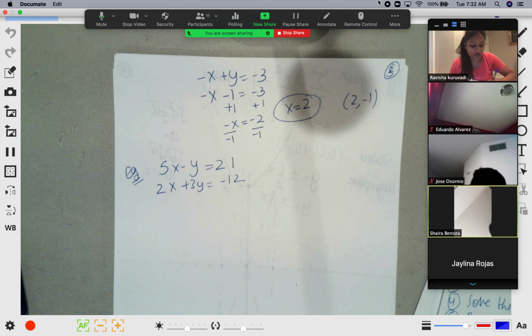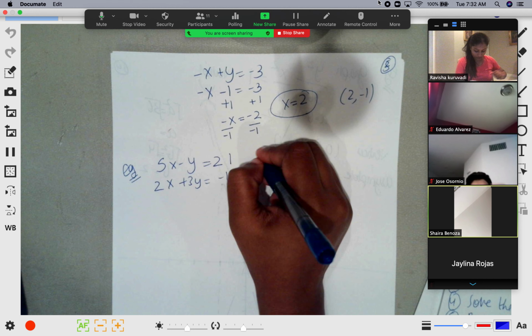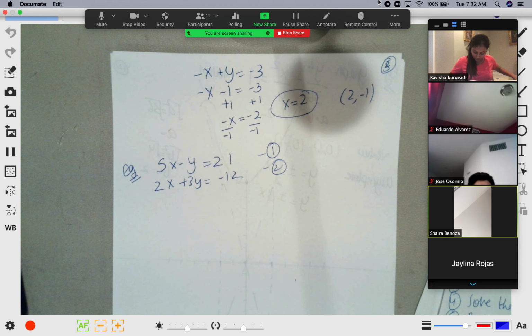Yes, Shaira. Can you help me with this problem? Is it in standard form? Sorry, I'm still writing it down. Wait, the first one has a negative.